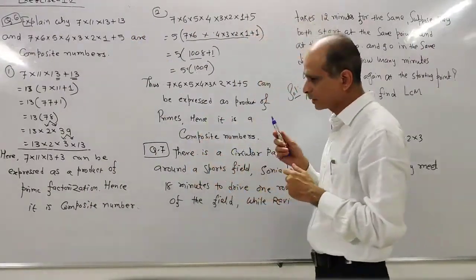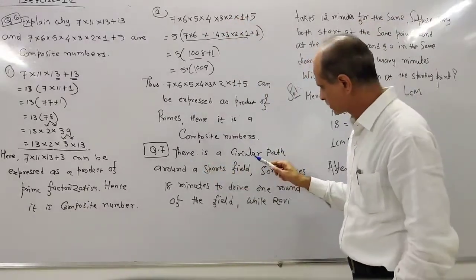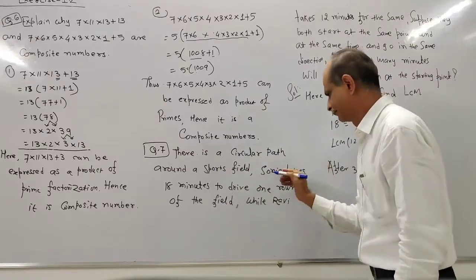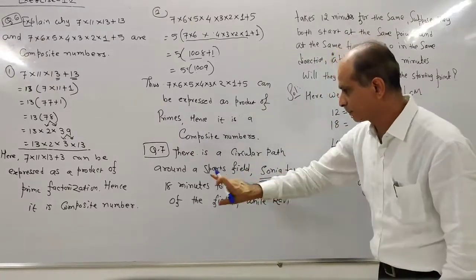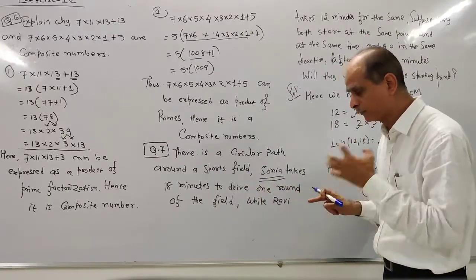Well, now the last example of exercise number 1.2. There is a circular path around a sports field. Sonia takes 18 minutes to drive one round of the field.